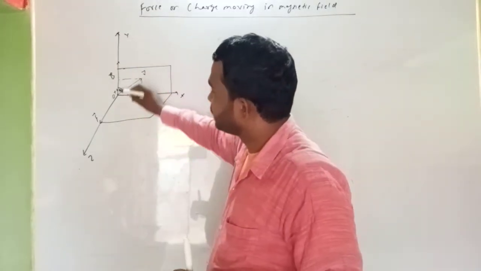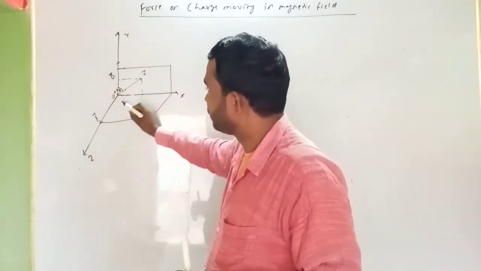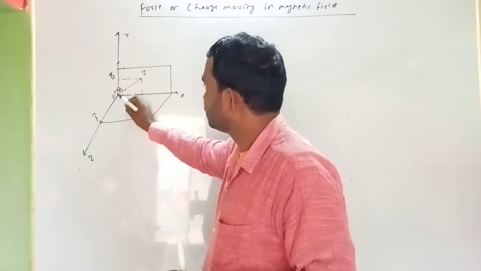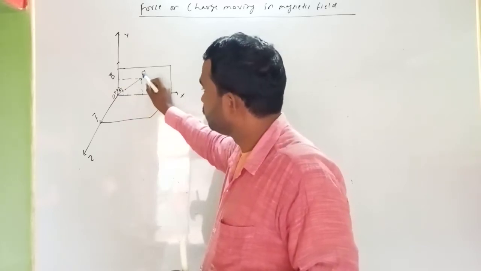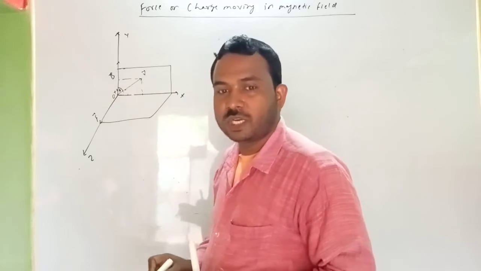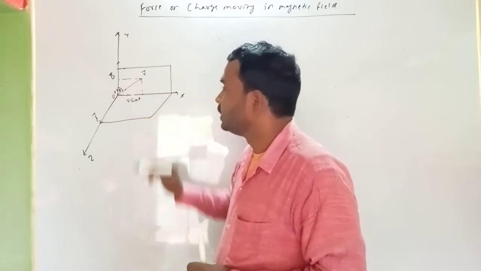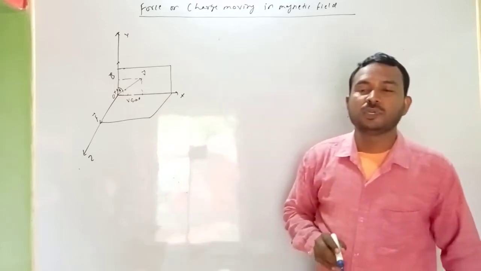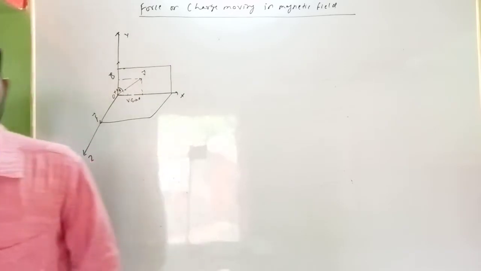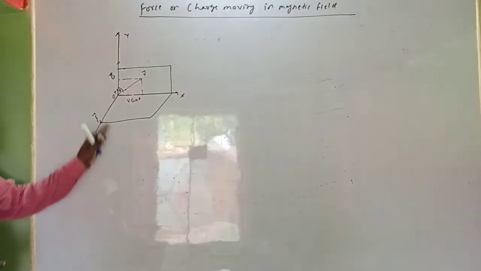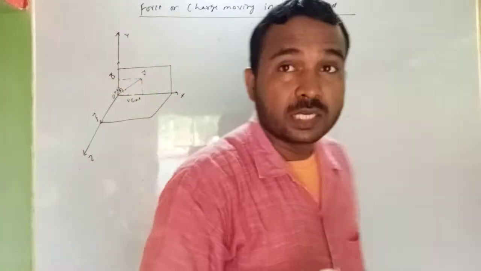Along the y-axis is the magnetic field B, which acts perpendicular, and this is the velocity through which the charge moves in the magnetic field, and here is v sin theta. This is the component of the magnetic field.